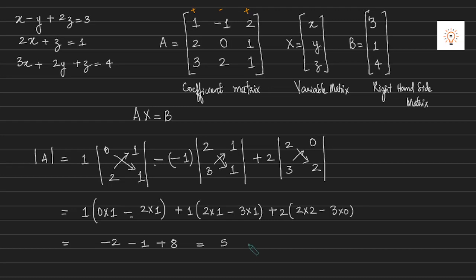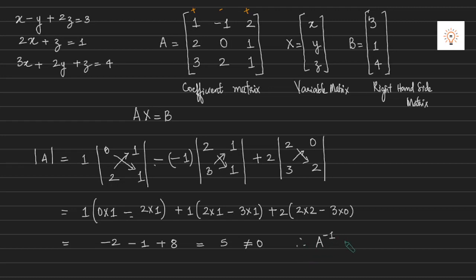We have to make sure that the determinant is never equal to 0. Now in this case, it's not equal to 0. Why this is important is because when the determinant becomes 0, we cannot solve this system of linear equations further. If it is not equal to 0, that means A inverse exists.